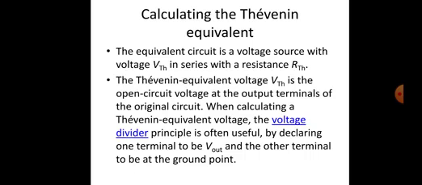When calculating a Thevenin equivalent voltage, the voltage divider principle is often useful, by declaring one terminal to be Vout and the other terminal to be at the ground point.